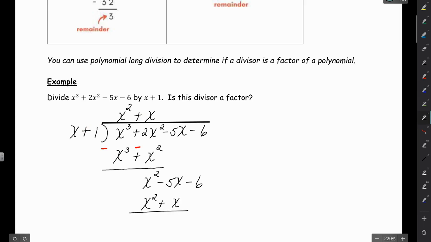I like to think of it as just doing a sign change and then adding them together. So I'm just going to put a note above each one what the sign change is and then add them together. So I have x squared, and I'm adding it to a minus x squared, that gives me 0, minus 5x, minus x, that gives me minus 6x. And then bring down the minus 6.